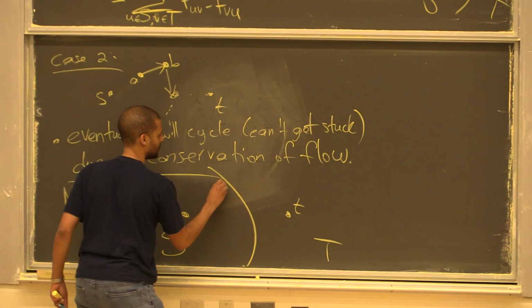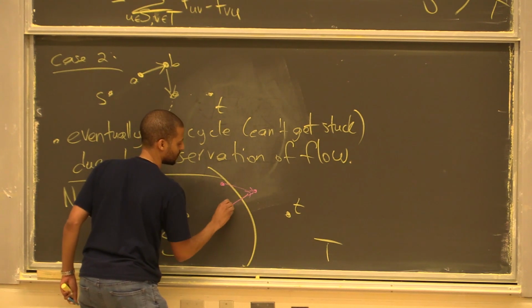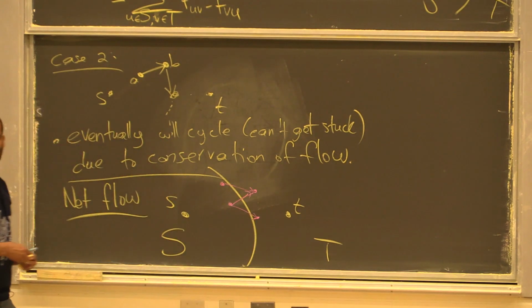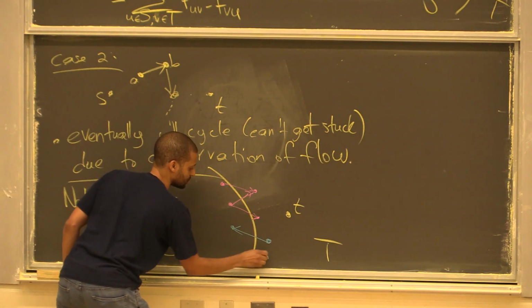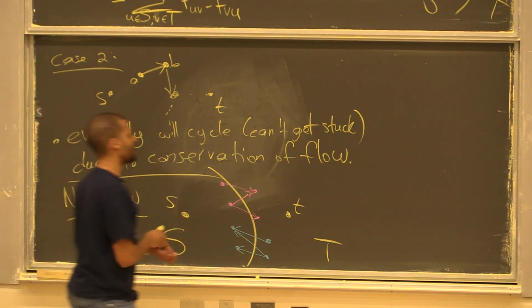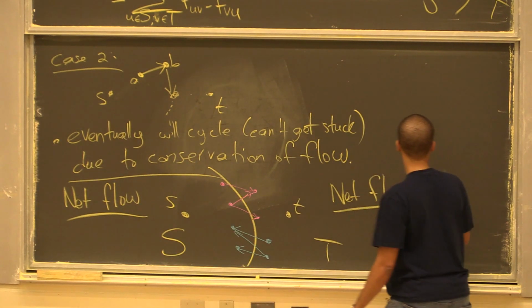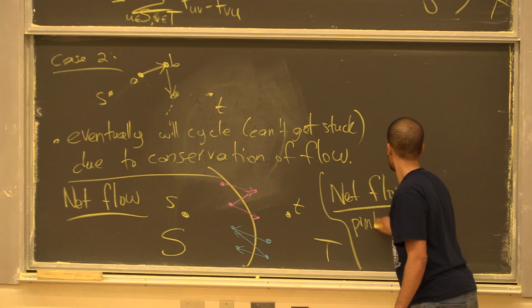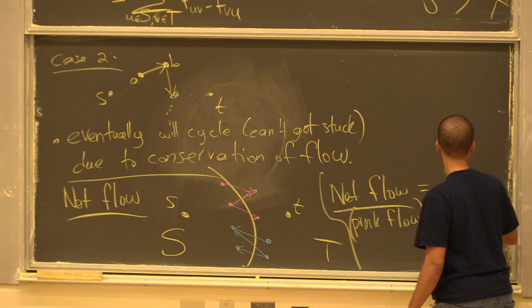So there's some edges that go from S to T. And there are also some edges that go from T to S. And net flow is equal to the pink flow minus the blue flow.